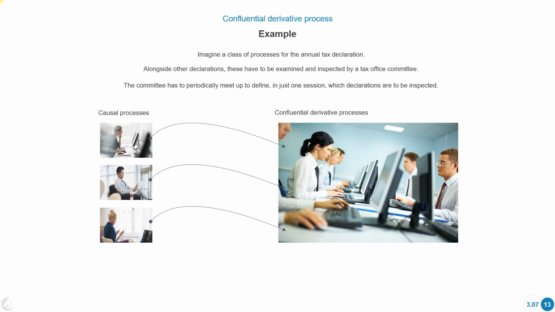So let's say the ones that don't require an inspection can be deviated back to the causal processes, but the ones that do require an inspection need to be treated in this derivative process. Once they're treated, or once the inspection took place, then we could also send these lines back to the causal processes. So this is just an example of how we could use these confluential derivative processes in order to process lines that are being generated in other processes.